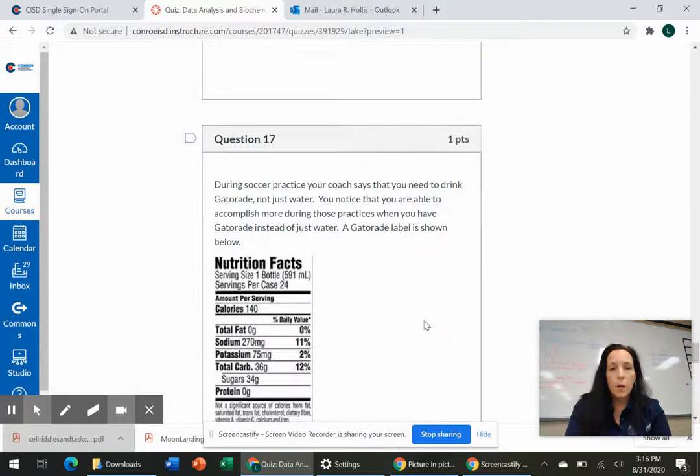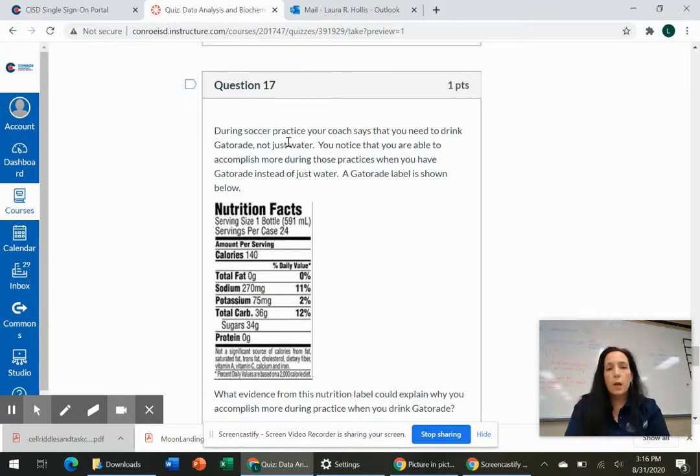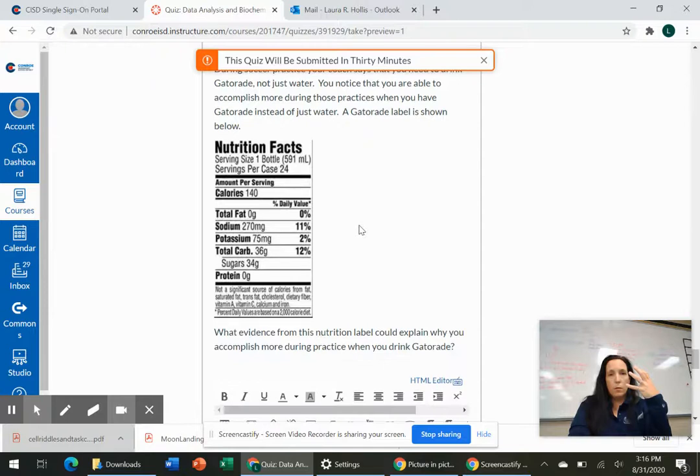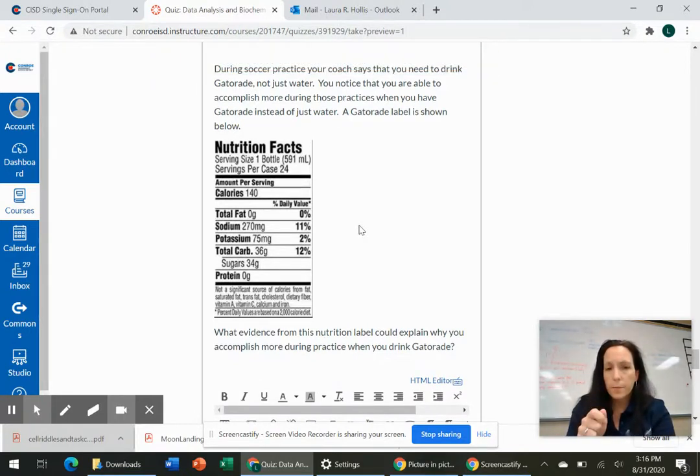Question 17. During soccer practice, your coach says that you need to drink Gatorade, not just water. You notice that you are able to accomplish more during those practices when you have Gatorade instead of just water. A Gatorade label is shown below. What we're looking for is energy, right?